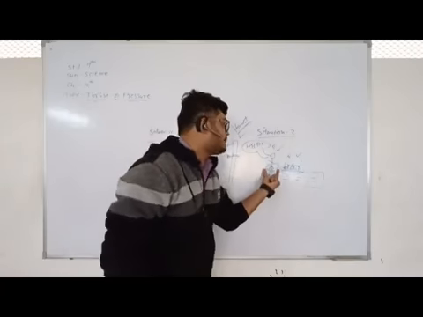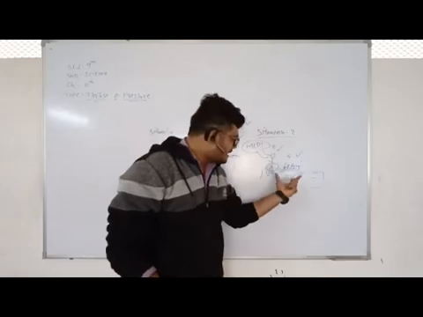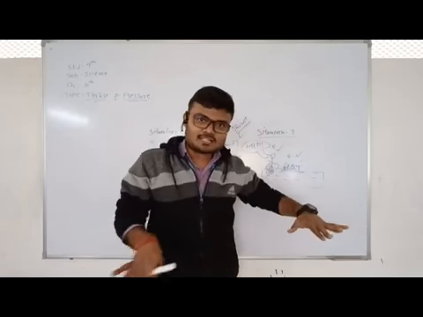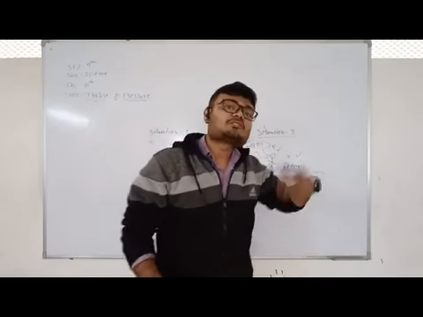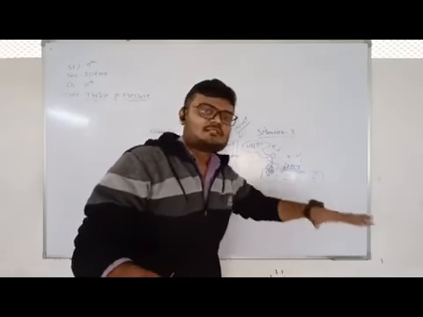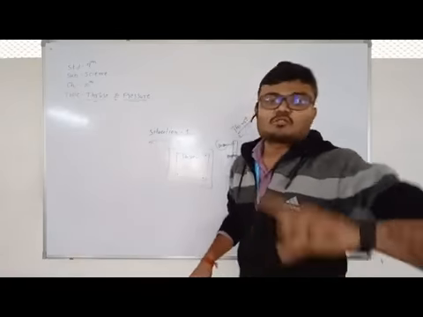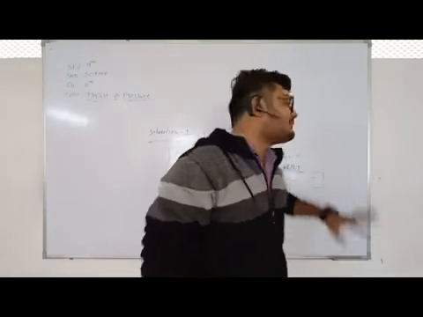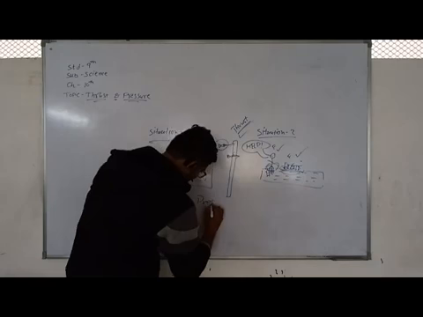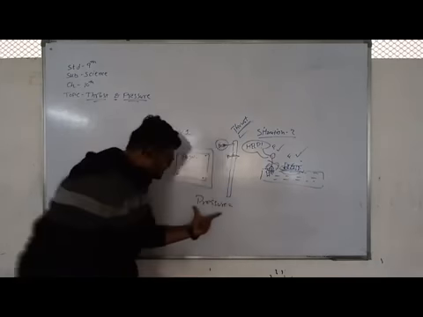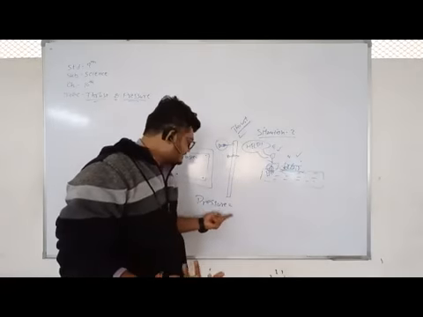When thrust is applied on a smaller area, its effect is more. When applied on a larger area, the effect is less. So it also depends upon the area. The thrust applied on a unit area is called pressure. That is our second concept, pressure.